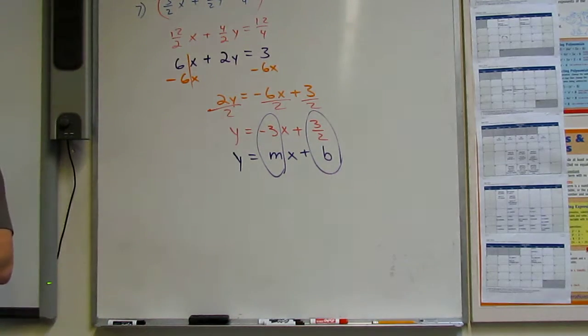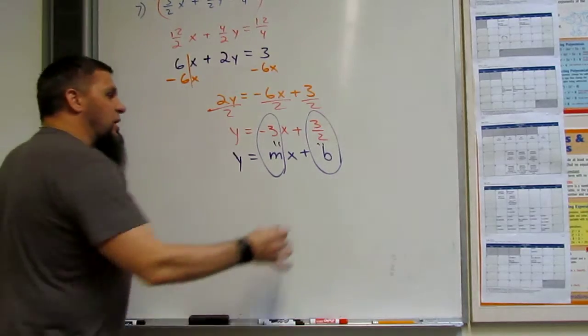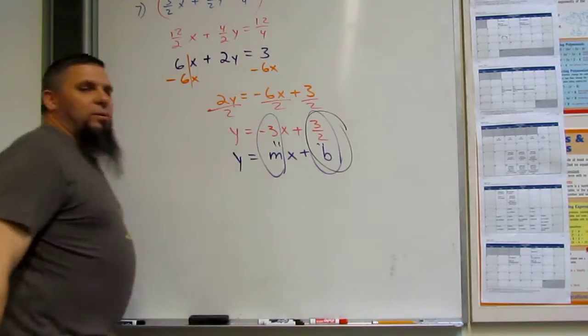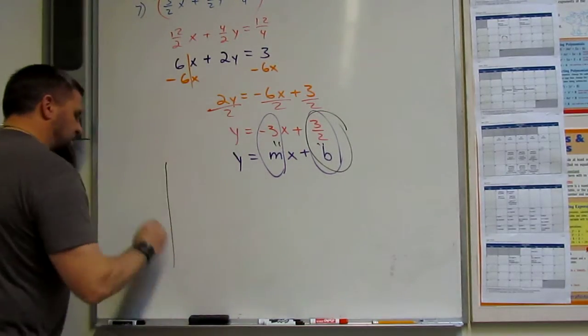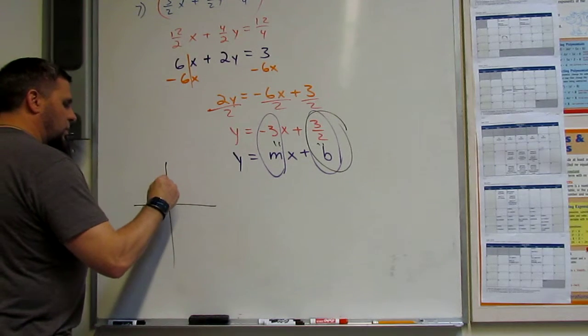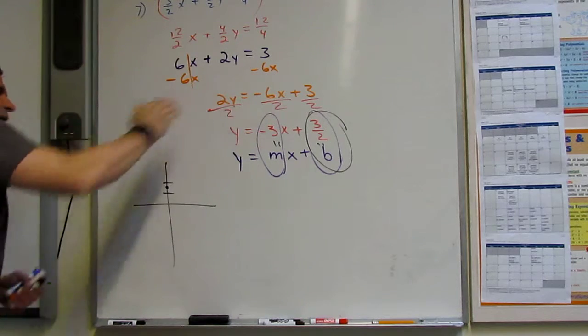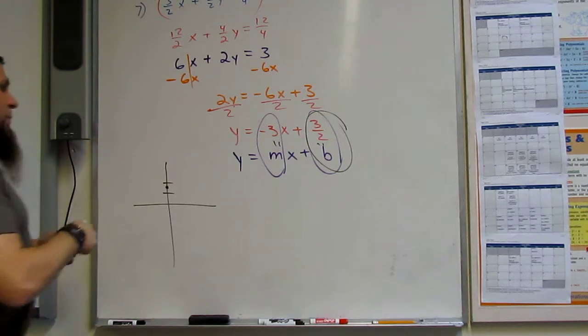And so I start with b. I start at 3/2, which is 1.5. That's where I start. 1.5. And then I go down 3. My slope.